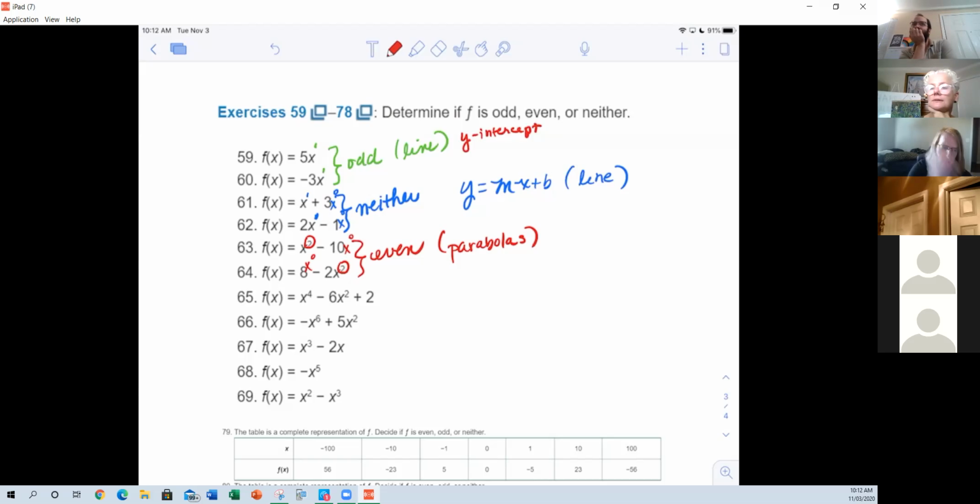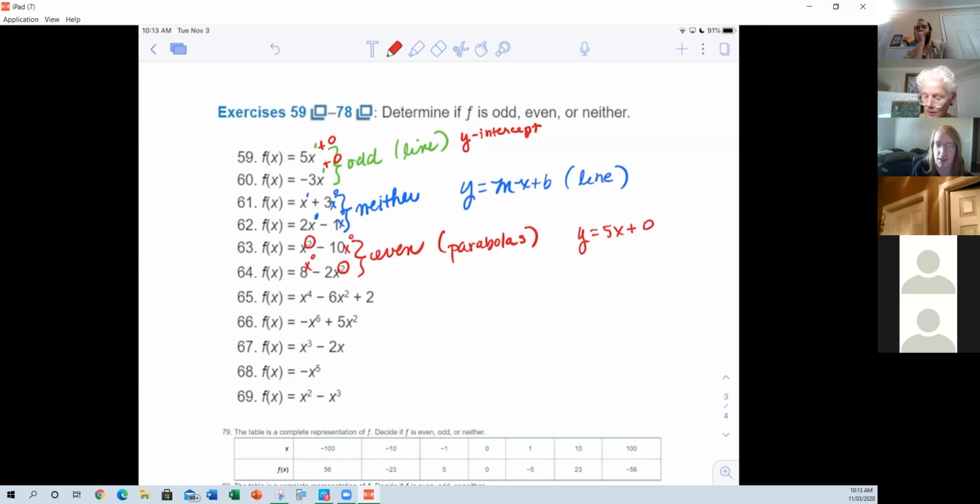Hunter? He said 0. The y-intercept is 0. So if you graphed y equals 5x, that's like 5x plus 0, right?